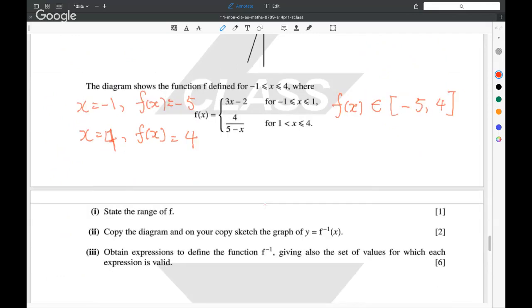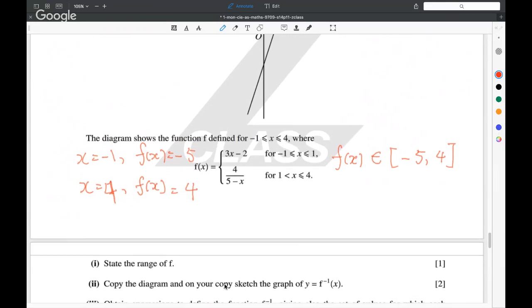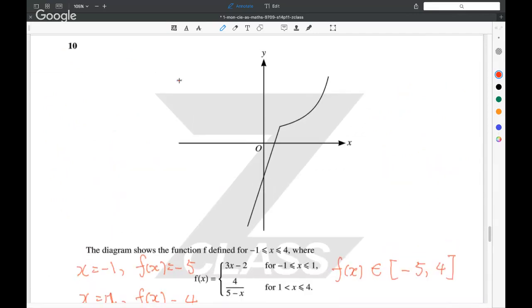In the second part, copy the diagram on your own copy and sketch the graph of y equals the inverse function of f of x. The trick of drawing the inverse function is that you first draw the line y equals x as best as you can.